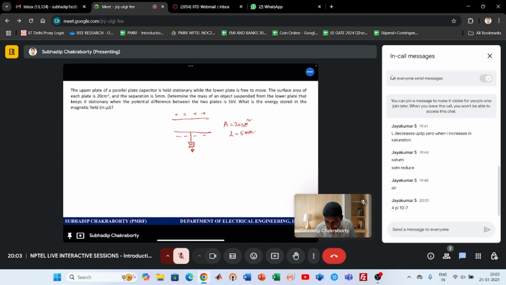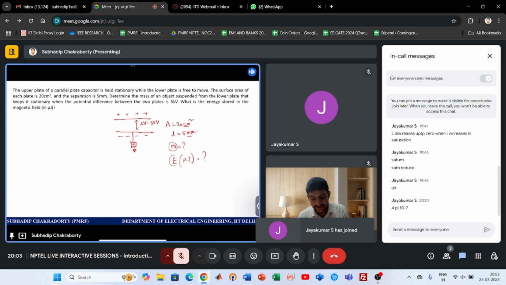Please note the units. And the mass is M, which is unknown. And the del V, the potential difference is 5 kV for the capacitor, and it is asking us to calculate what is the energy stored in microjoules, and also to calculate the mass of the object that is being hung from the lower plate of the capacitor.